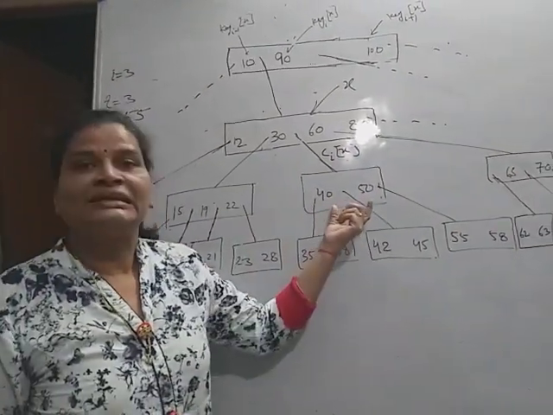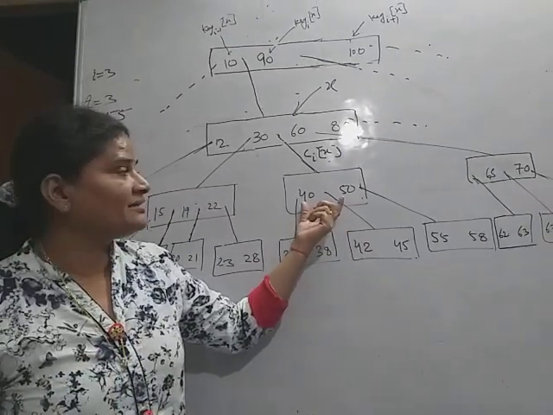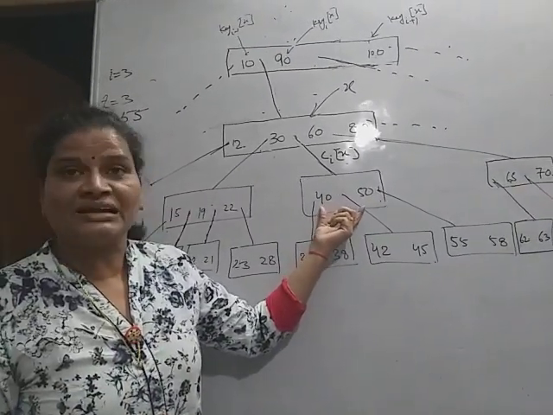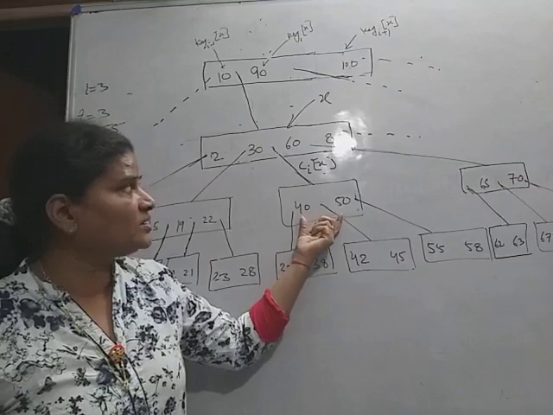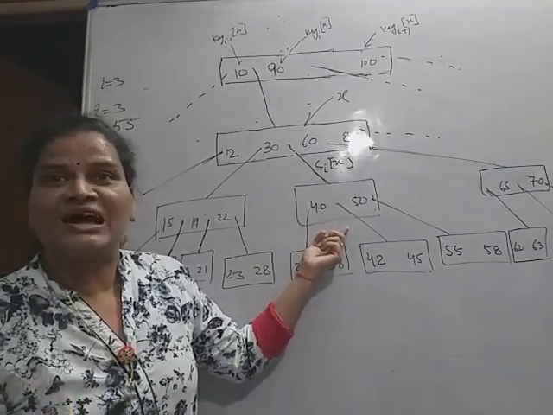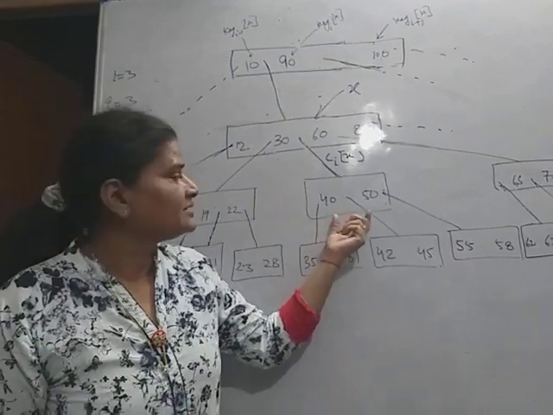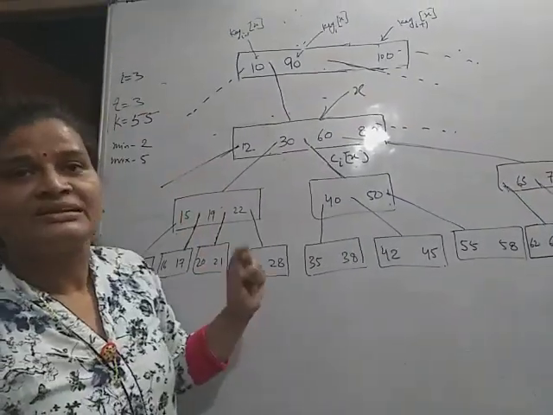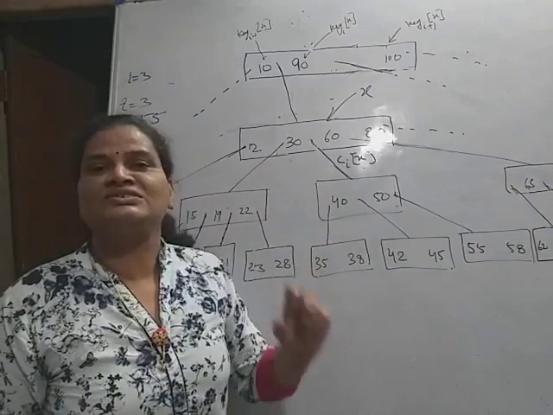Before moving down, I will check whether the node pointed by Ci[x] contains t keys or not. Here the degree of the tree is 3, and it contains 2t.